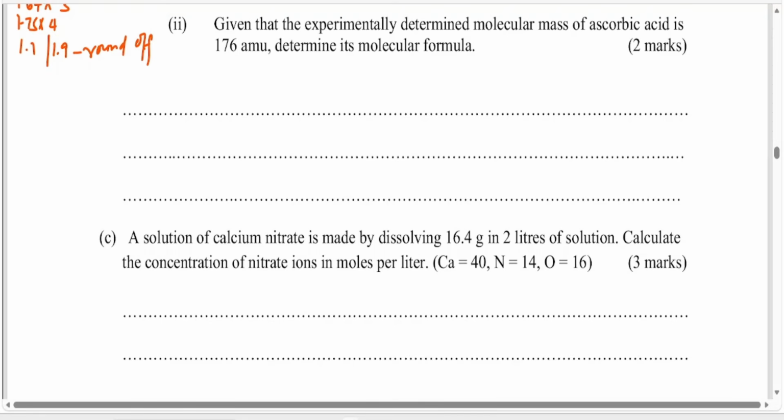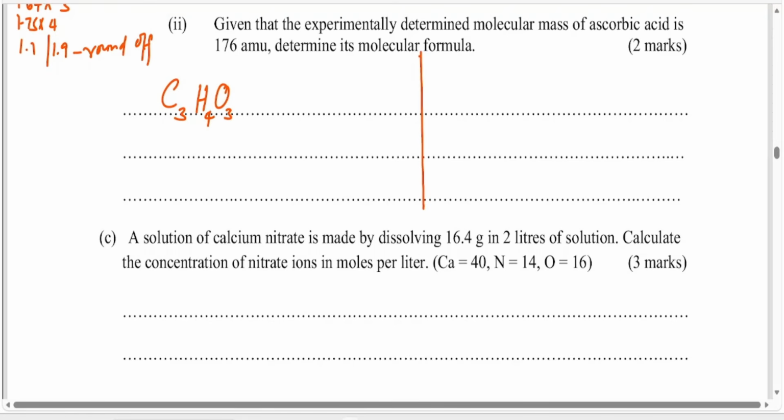So once you have already obtained your empirical formula, it is always very easy to obtain the molecular formula. So we already have our empirical formula. Our empirical formula is given by C3H4O3.